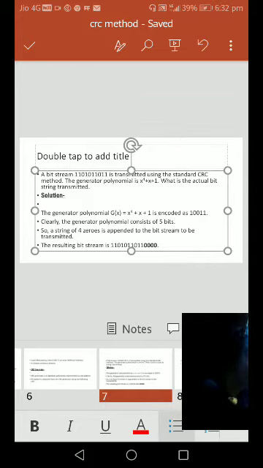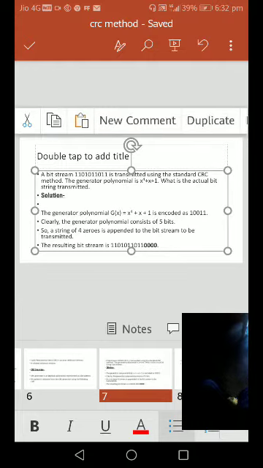Consider a generator polynomial consisting of 5 bits, 10011. The polynomial generating the polynomial is g of x.